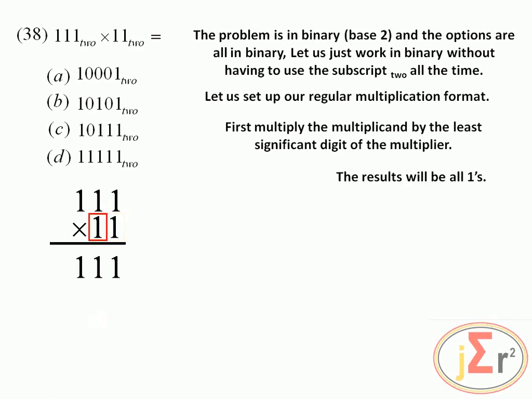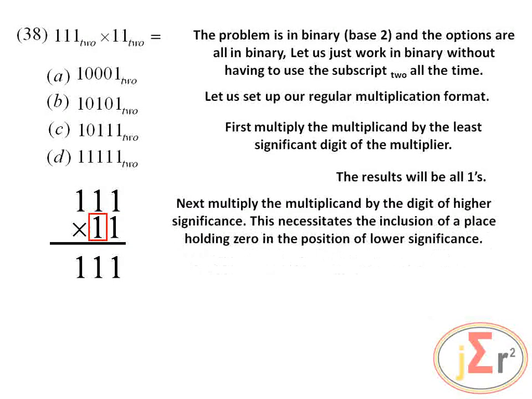Good. Move to the next digit in the multiplier, which is the one of greater significance. So next, multiply the multiplicand by the digit of higher significance. This necessitates the inclusion of a place holding 0 in the position of lower significance.